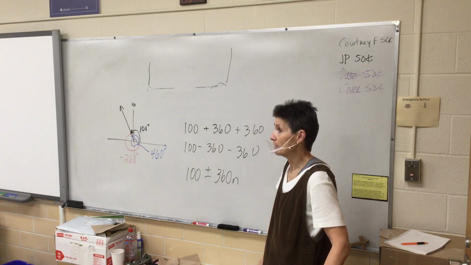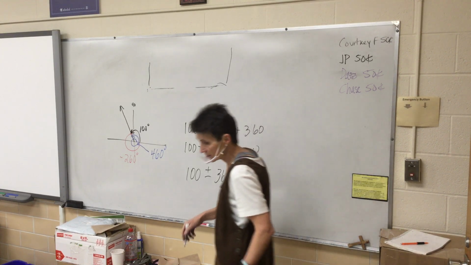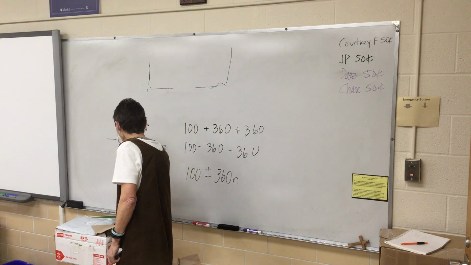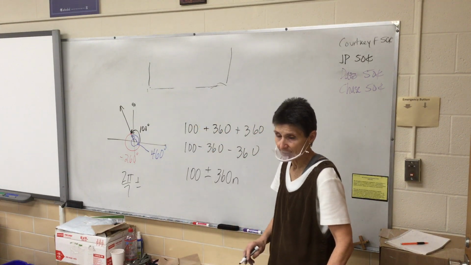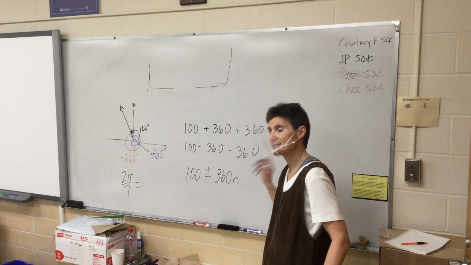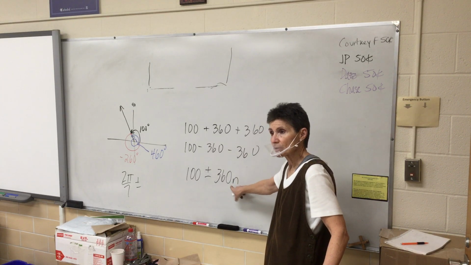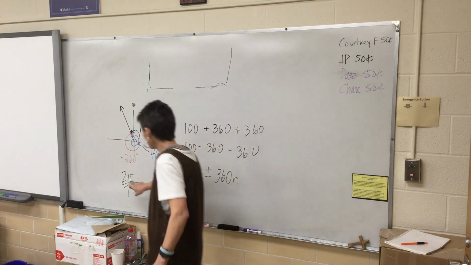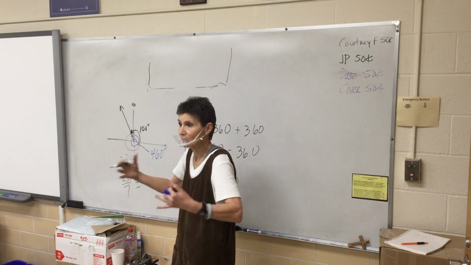If the angle is in radians, so let's say the angle is 2 pi over 7, obviously, you're not adding 360 because 2 pi over 7 is a radian and 360 is a degree. But the idea is the same. 360 is a revolution. So you are going to add or subtract multiples of revolutions.